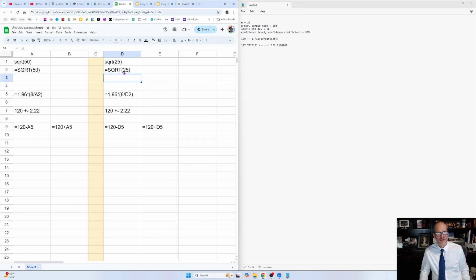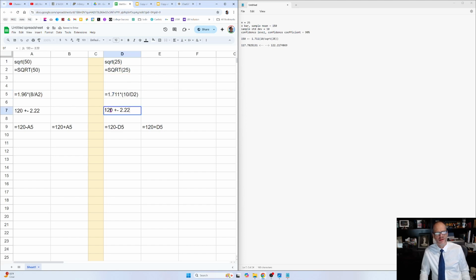Cool. And then we're going to have 1.711 right here times 10. And 10 is our sample standard deviation. And then this one's going to be D2, which is the square root of 25. So we're going to hit enter on that.